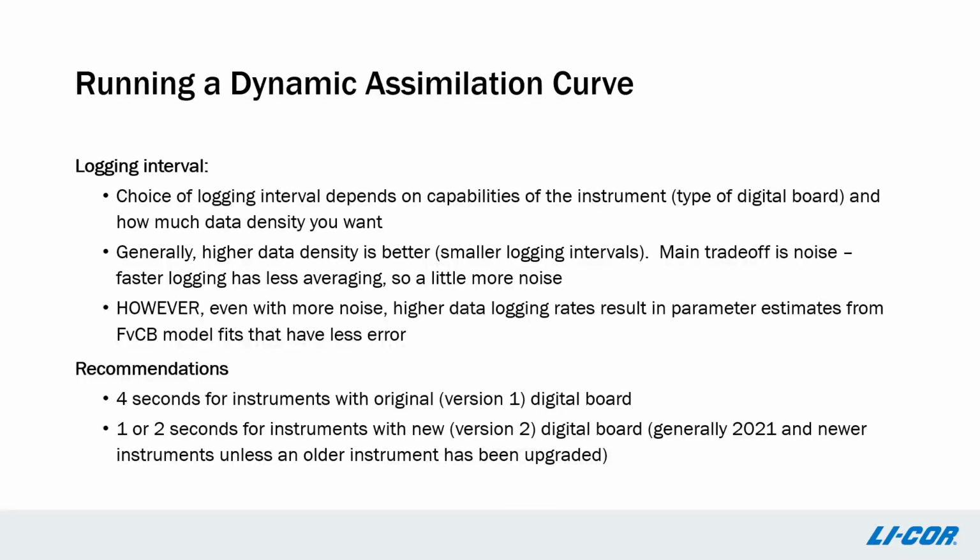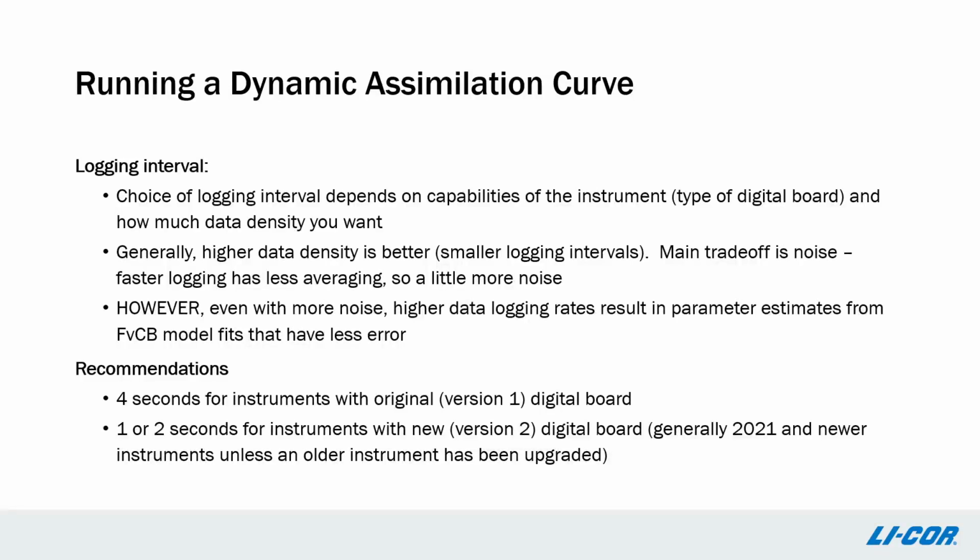The main trade-off between logging rates is noise and data density. Slower logging rates will have less noise and more averaging, but will decrease the total number of data points in the CO2 response curve. Faster logging rates increase noise since less averaging is possible, but the total number of data points is increased.